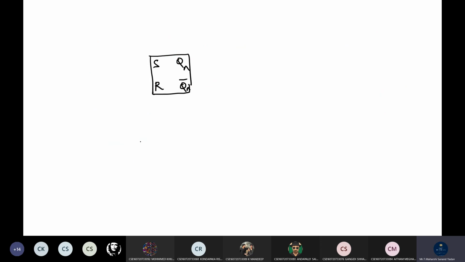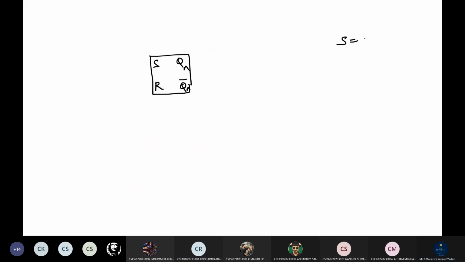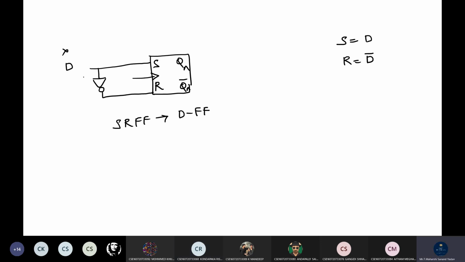Now, S is D and R is D bar. So connect an external input D, and its complement D bar, apply it to R, and apply a clock. This is how we convert the SR flip-flop into a D flip-flop. By adding these external inputs, the SR flip-flop will function as a D flip-flop.